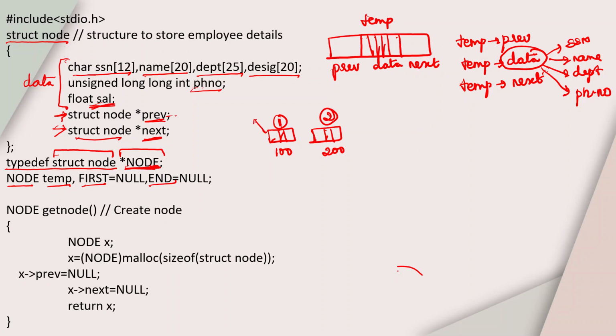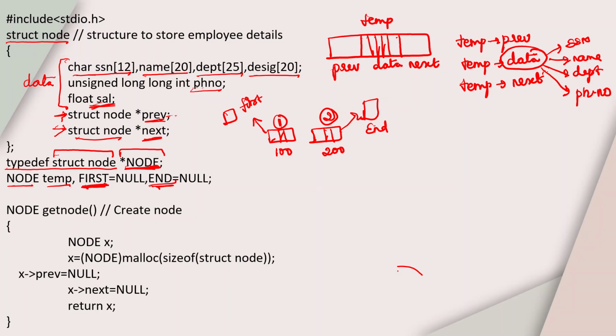So we have a pointer called first, which will contain the address of the first node. Likewise, we have one more called end, which will contain the address of the last node. It's a pointer. So this one is a pointer to the first node. It contains the address of the first node, so basically like a pointer itself.